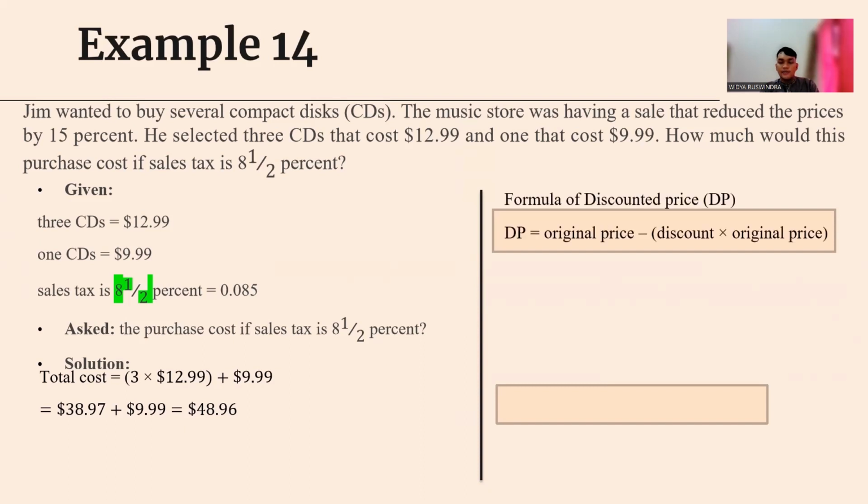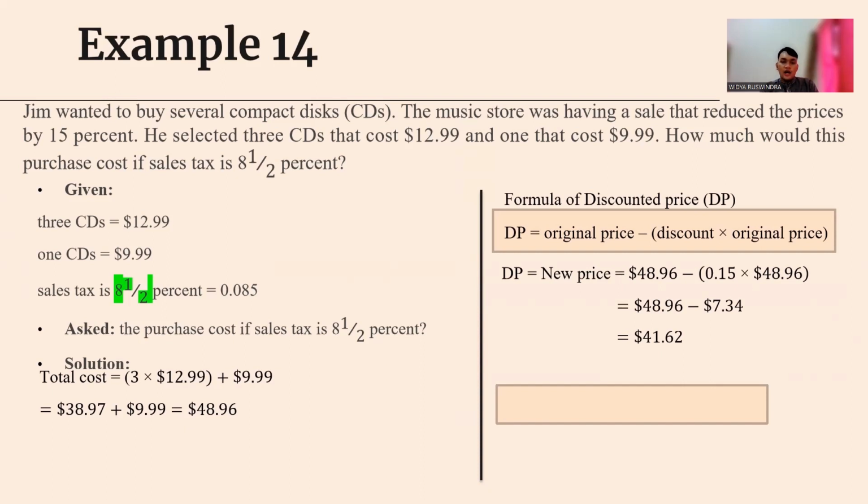So the next step is the formula of the discounted price, or DP. DP equals original price minus parenthesis discount multiplied by original price. So DP, or new price, is $48.96 minus parenthesis. Okay, from the question we know the discount is 15%.